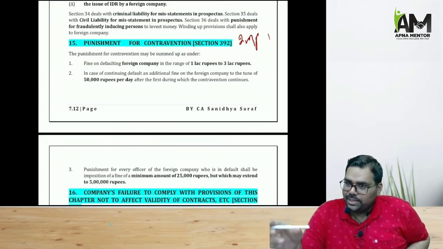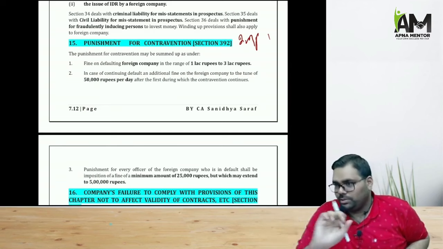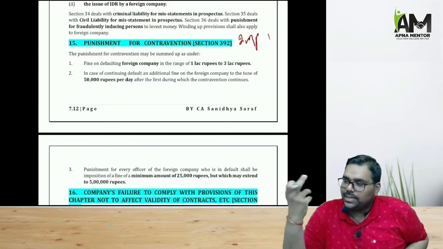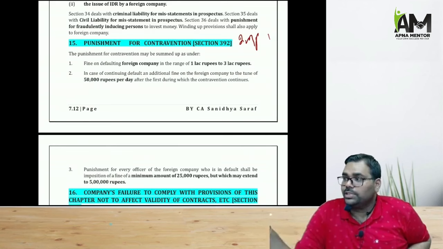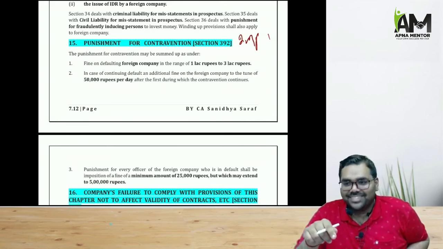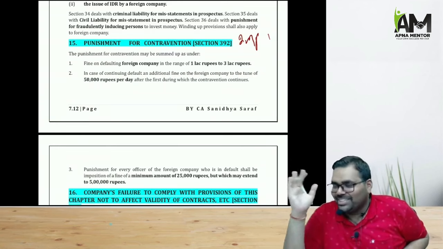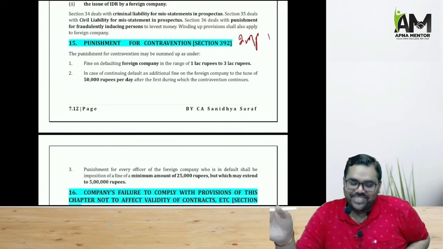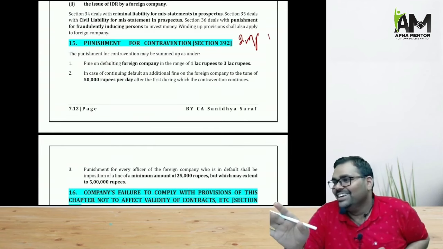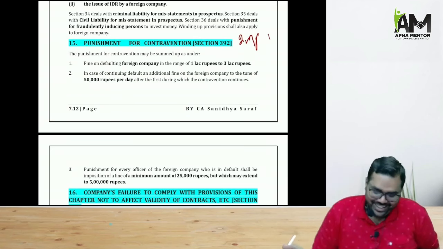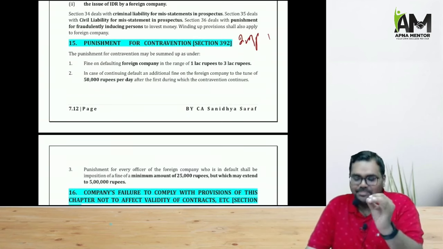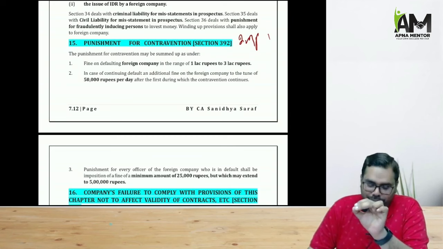In the penalty part, the monetary fine was there, and the jail thing was also there. It's fine, you might get confused. But the student had written in the exam, company goes into jail. Now that much logic you must have, that a company will not go into jail. That part will be for the officer only. So again, penalty will be for the officers, and penalty will be for the company.